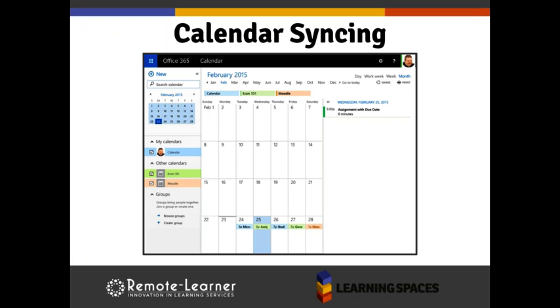Then if your users are subscribed to that site-wide calendar, your users will see that maintenance window show up on their calendar, so they know Moodle will be unavailable. So that's another great implementation of how that calendar syncing works for those users that are using those PIM, personal information management features that Office provides, and how Moodle can extend into that as well.